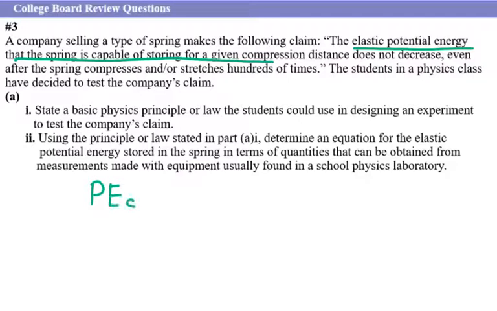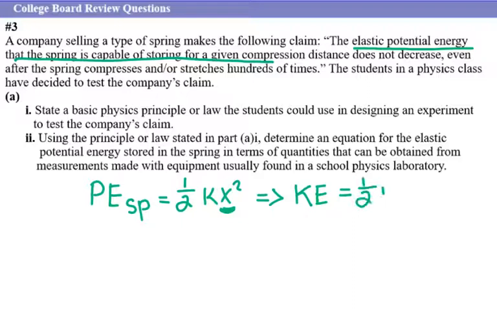So the potential energy of the spring would be 1/2 kx squared, and x is the distance that you stretch. And then you would check that the kinetic energy of the block that you attach to it, when the spring reaches its equilibrium, is equal to 1/2 mv squared.